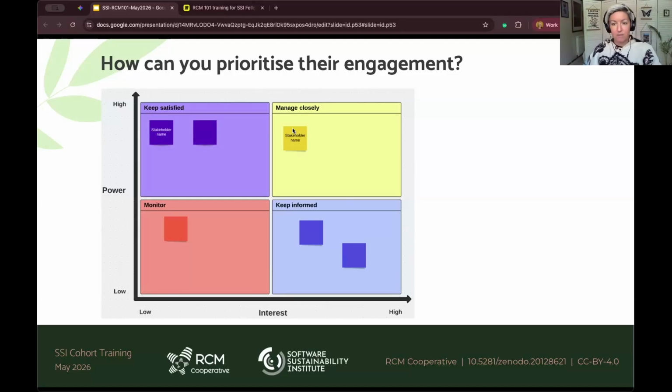You might want to make sure they're regularly informed of the work, for example with newsletters or other outreach activities. Alternatively, if someone is high power and high interest, those are the people you might need to manage more closely or actively engage with, to ensure your project is serving their interests and that you're aligned across those interests.